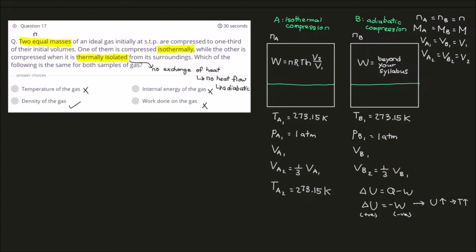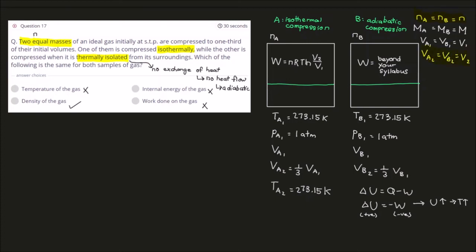So our answer should be the density of the gas. It's actually very straightforward that density of the gas should be the answer because your n is constant here. The number of moles is constant, meaning the total mass of gas inside the container should be kept constant throughout the process. The mass is kept constant, and the final volumes are the same.